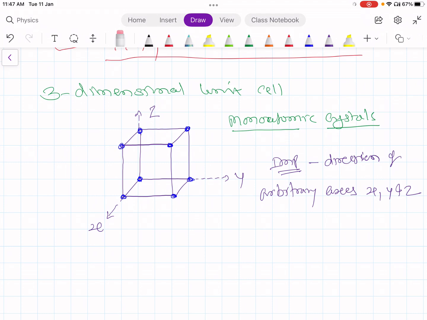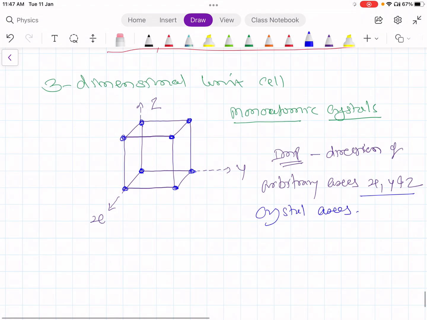So arbitrary axes are marked by X, Y, Z. These are nothing but crystal axes. And there are vectors A, B, and C. This is vector A along the x direction, vector B along the y direction, and vector C along the z direction.